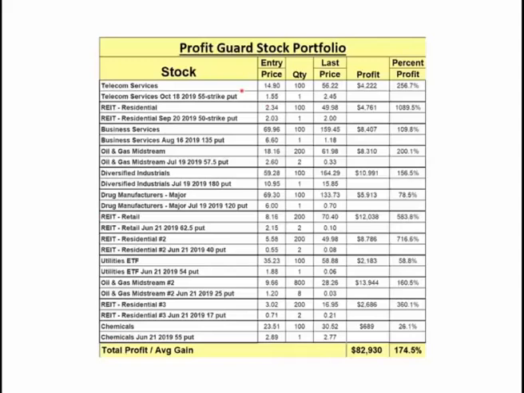And this 174%, that's a pretty high rate of return, but what we do is we roll over these spreads when we get close to option expiration. So if the stock or ETF is still on a power trend buy signal, then we'll roll over the put option into a new put option, and after time, those profits can really build up.